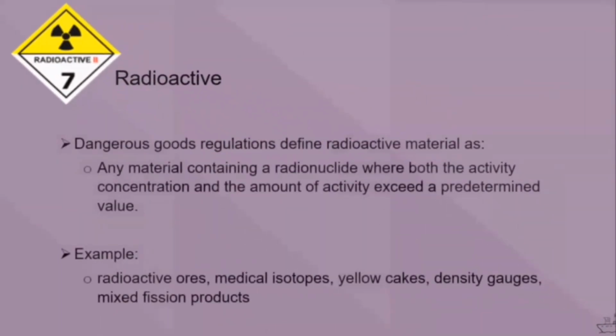And the next, which is radioactive. Dangerous goods regulation defines radioactive material as any material containing a radionuclide where both the activity concentration and the amount of activity exceed a predetermined value. Examples of radioactive are radioactive ores, medical isotopes, yellow cake, and so on.